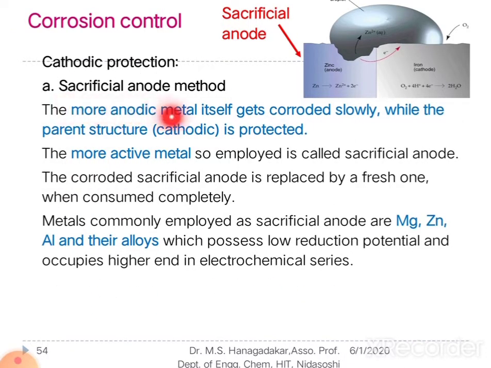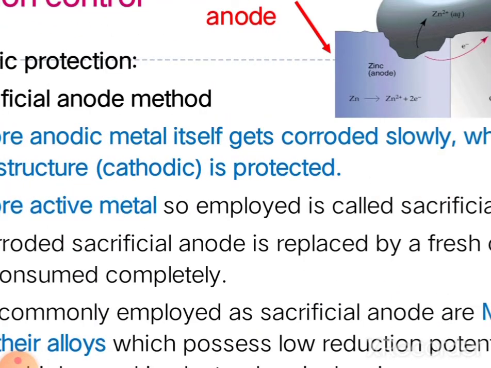The more anodic metal itself gets corroded slowly while the parent structure behaves like a cathode and is protected against corrosion. You can see here, their iron is exposed to the corrosive environment.